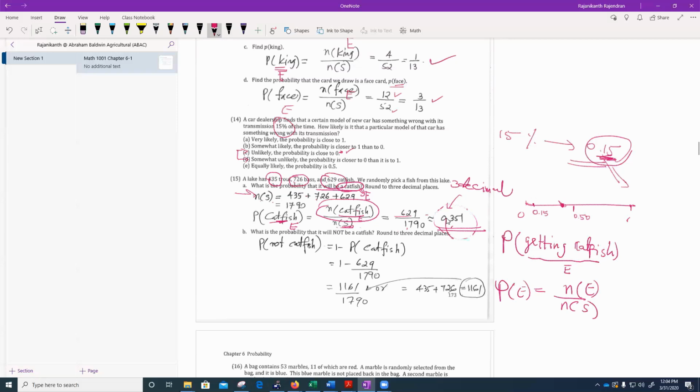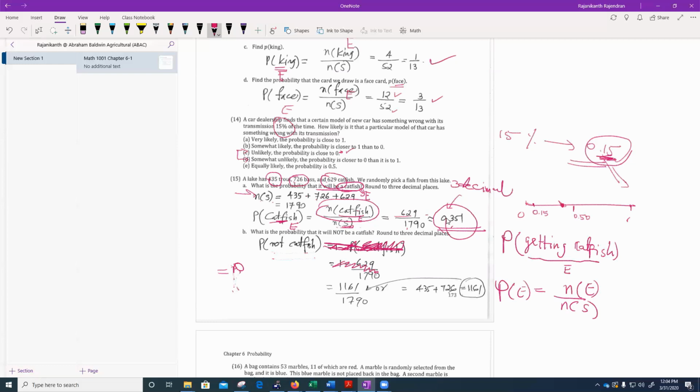Okay, for this problem, I don't want to use this formula at this point. So you can cut that. I'm doing it in a different way. What is the probability of getting not catfish? That means you have to catch a fish which is not catfish, right? So how many are there which are not catfish?